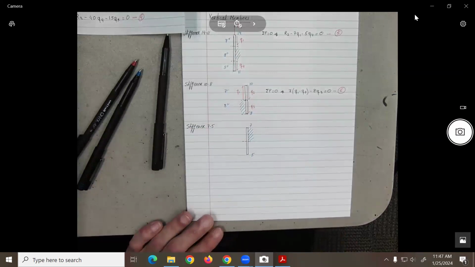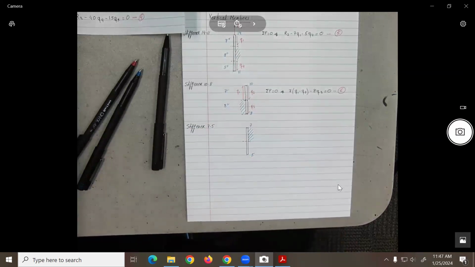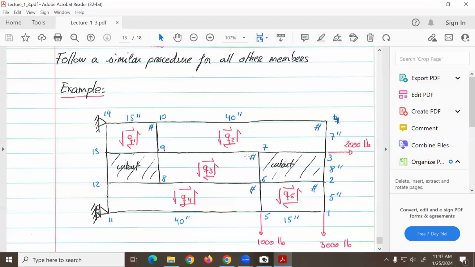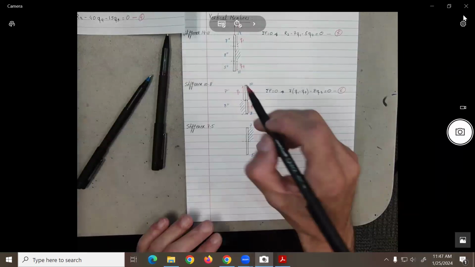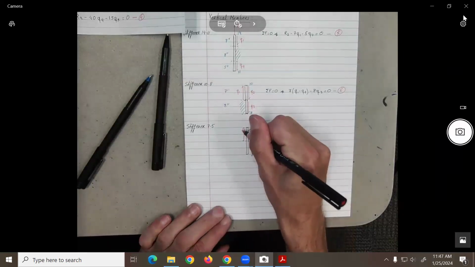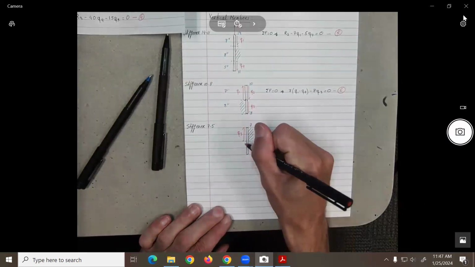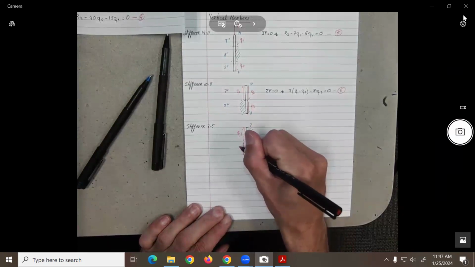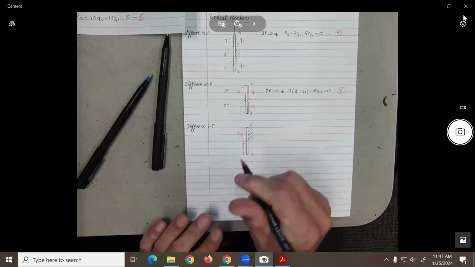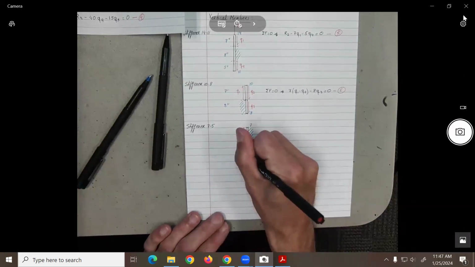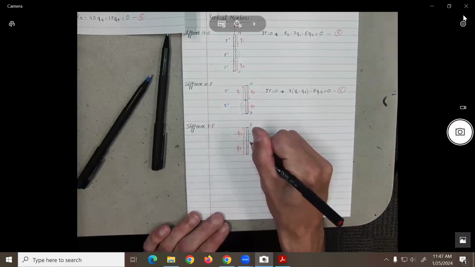We have Q3. Was it up or down? Up, no? Q4, and then Q5 is going down over here, no?